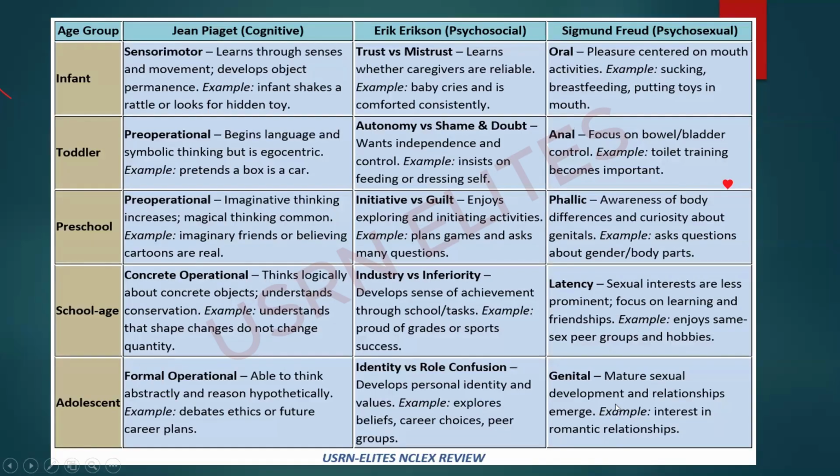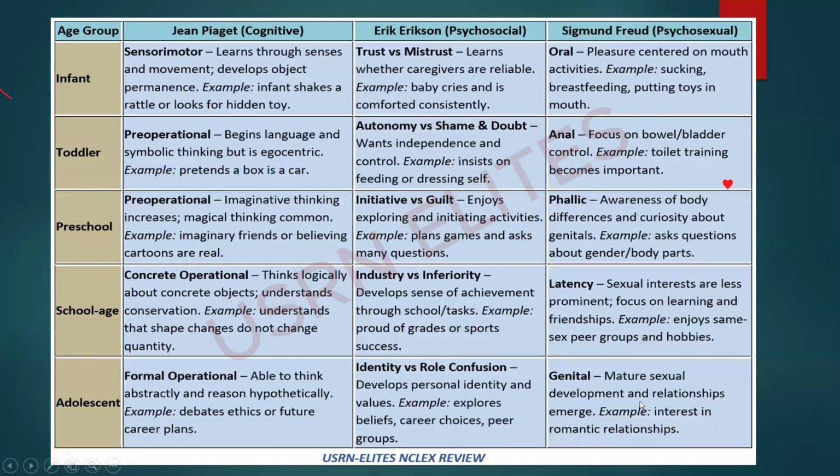So for Sigmund Freud's psychosexual theory, at the adolescent stage, that is where most of the problems are. Okay, so the genital phase. They mature sexually. Okay.